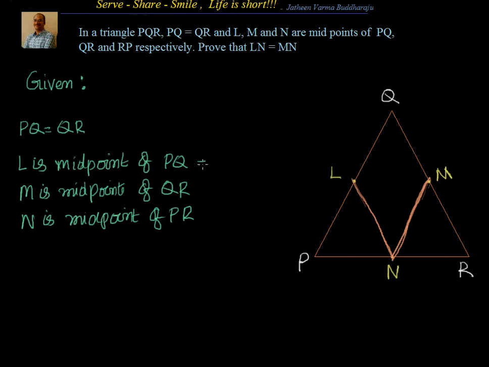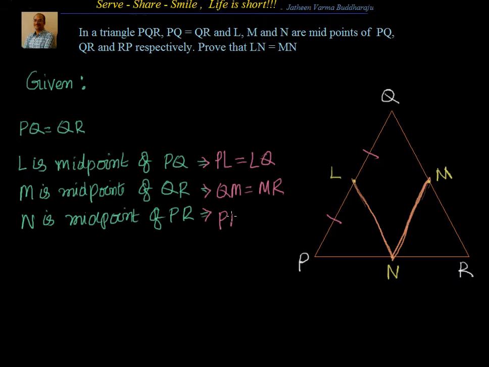Okay. Now from this what we can say, let us try to write it down. L is midpoint of PQ. That means we know PL is equal to LQ. Similarly, we have M is midpoint of QR. We can say QM is equal to MR. Similarly, we have N is midpoint of PR.